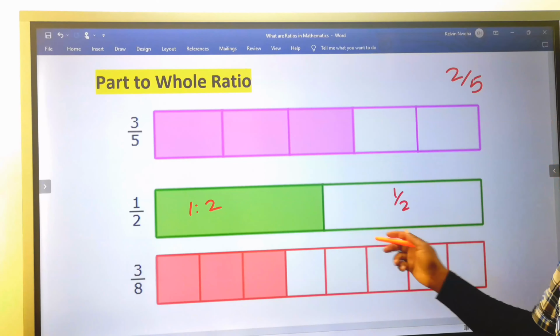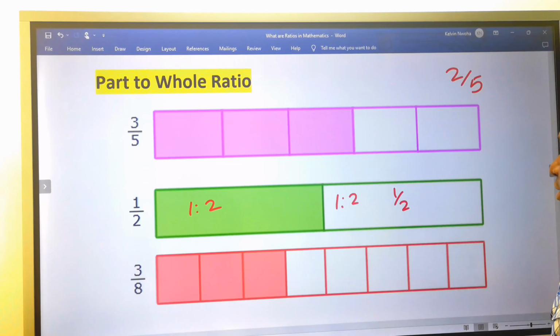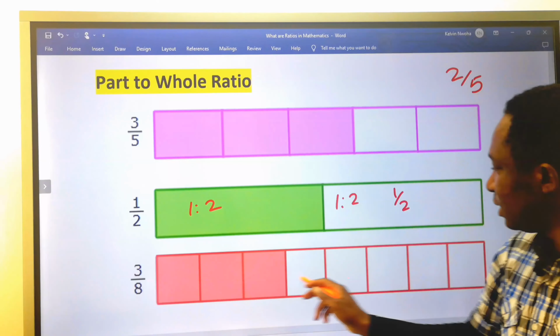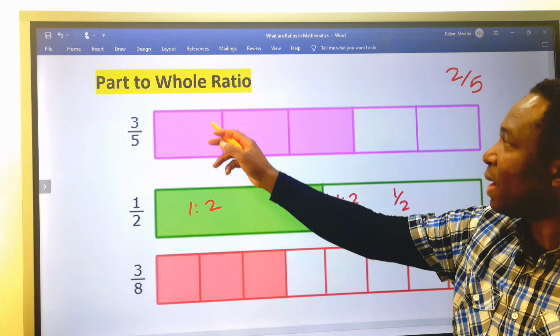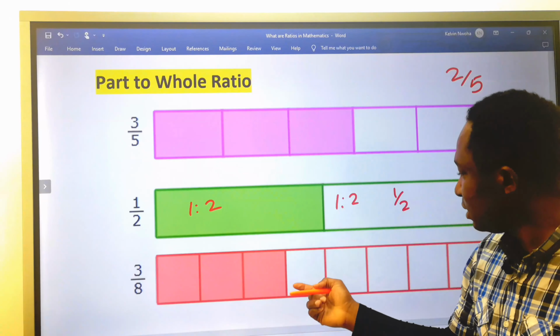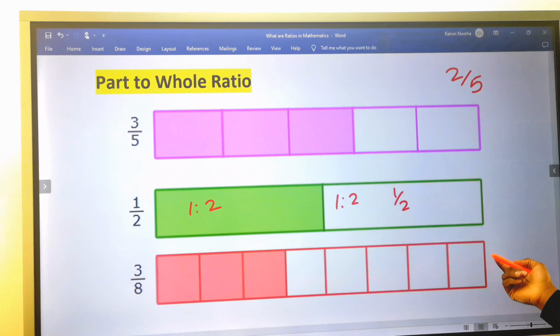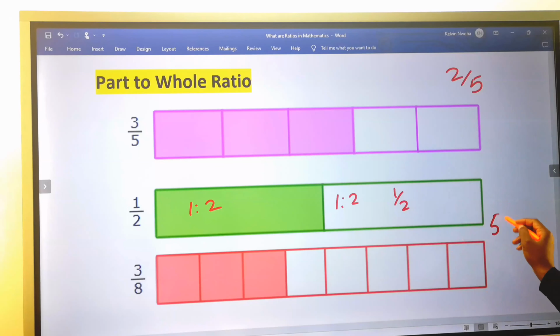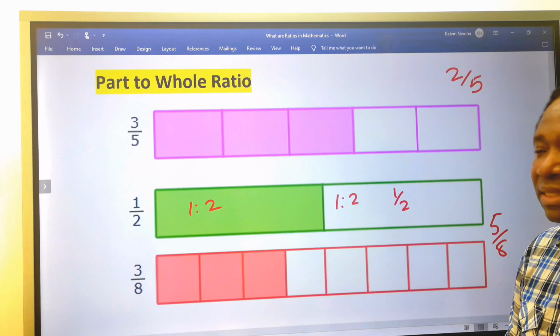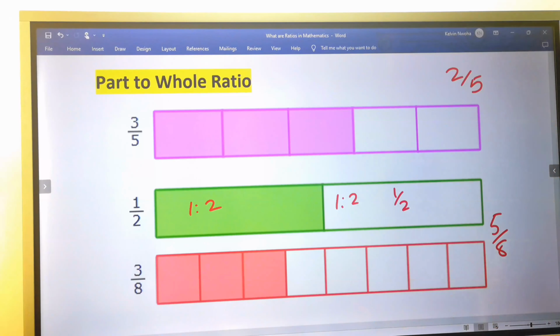And this can also be written as this. If you consider this division, the 8 at the denominator is part to whole, and this unshaded portion can also be written as 1, 2, 3, 4, 5, which is 5 to 8. Understanding part to part and part to whole is one of the best skills you can have when solving ratio.